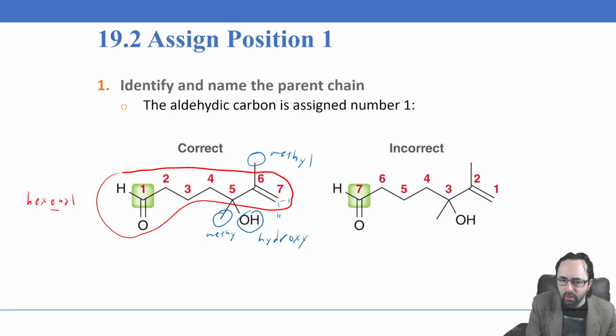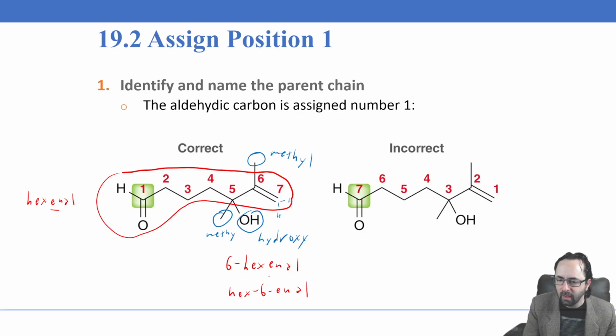So we're going to have to indicate the number of the aldehyde here, but the aldehyde's always in number 1, so actually we don't have to assign it a number. We can say now, since the ene is on number 6, we would say 6-hexenal, or we could also say hex-6-enal. Either one of those is fine.